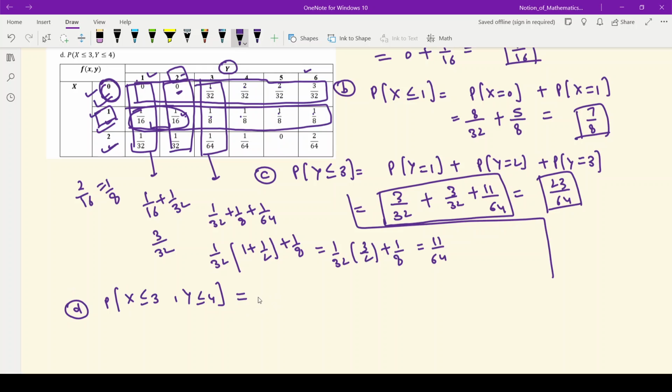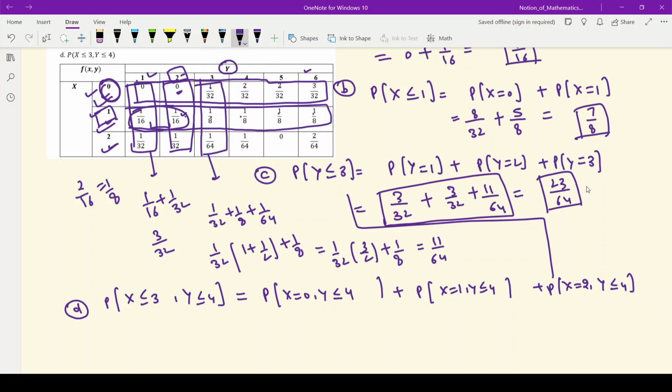So I will write it as probability of x equal to 0, y less than or equal to 4, plus probability of x equal to 1, y less than or equal to 4, plus probability of x equal to 2 and y less than or equal to 4.